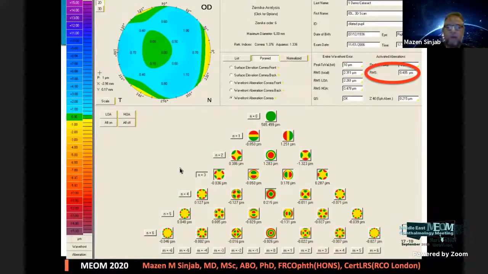So as you see, in the third row, the N3, I click the N3 because it is the vertical and horizontal coma and vertical and horizontal trefoil. And then I click only on N4 M0, which is the spherical aberration. So only 5 aberrations, and then the RMS is given of these selected high-order aberrations, which is here 0.405, rather than studying the whole amount of high-order aberrations, because the whole amount is not important and not significant, but it affects if we take all of that into consideration.